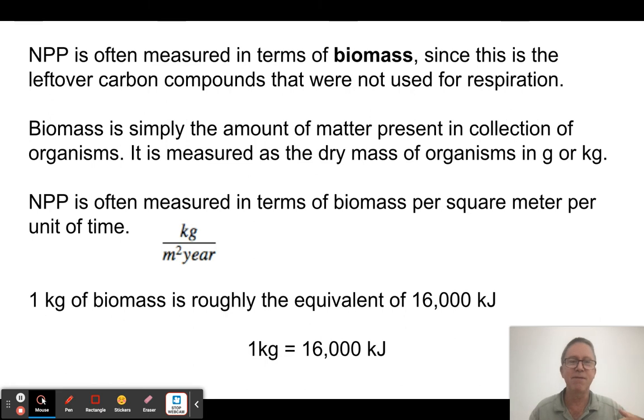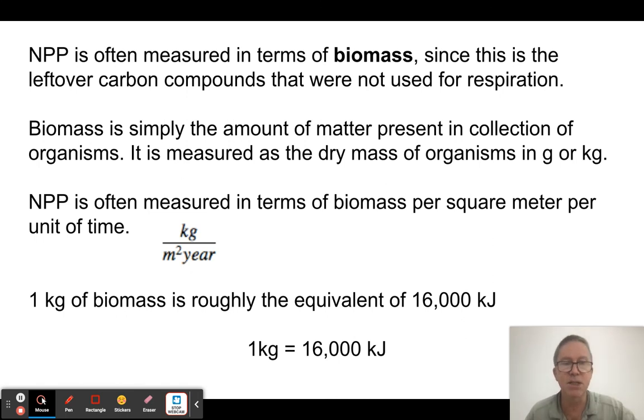But we have to be specific: it's how much biomass is accumulated over a square meter of ecosystem over a given time period. The most typical way of doing this is how many kilograms of biomass were accumulated per square meter of ecosystem per year.